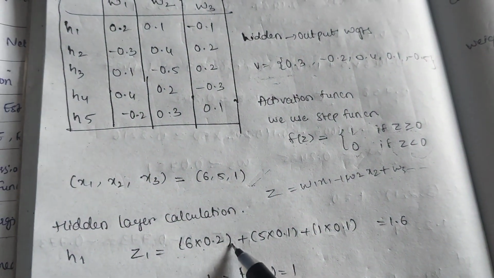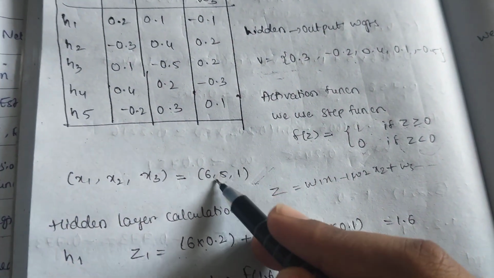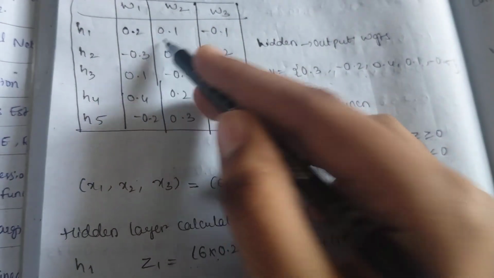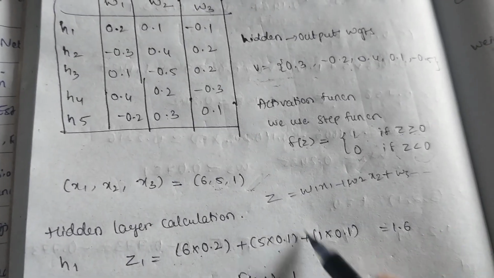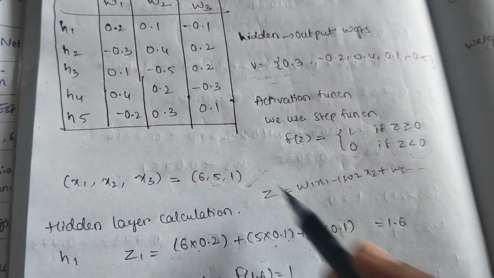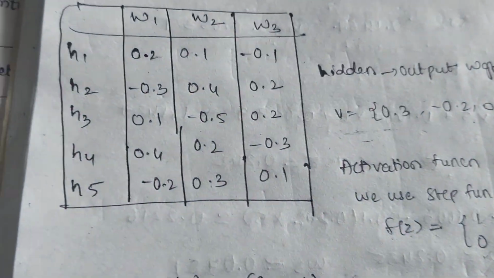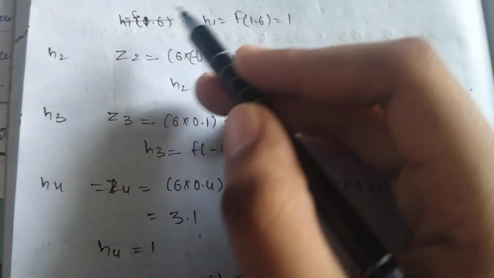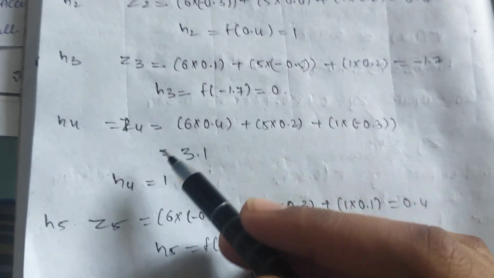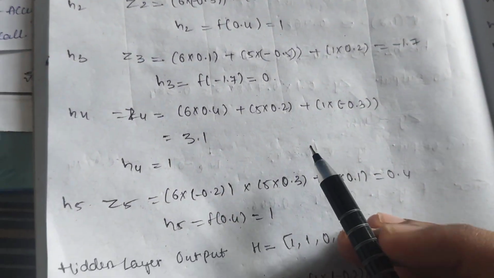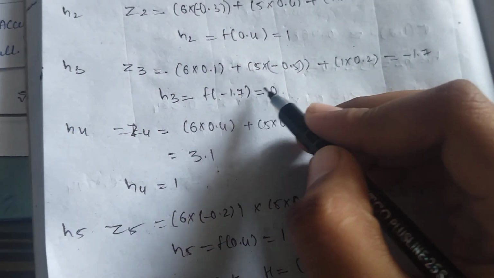So 6 into 0.2, and your x2 is 5 and here is 0.1, so 5 into 0.1, plus x3 is 1 and your weight is 0.1, so you will be doing 1 into 0.1. In the same way you will be finding for h2 and h3, h4 and h5. After that you will be putting these inside a step function so that you will be getting this value.